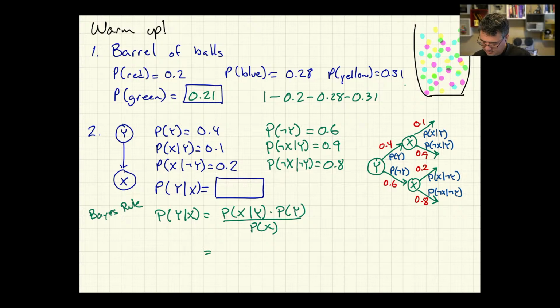All right, we know the numerator, that's 0.1 times 0.4, and then the denominator.